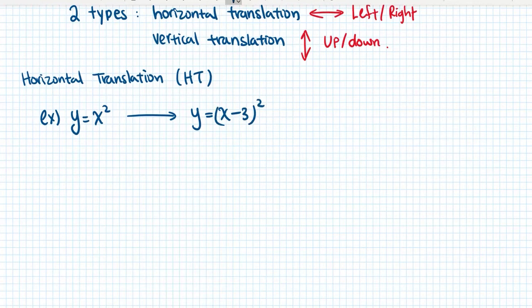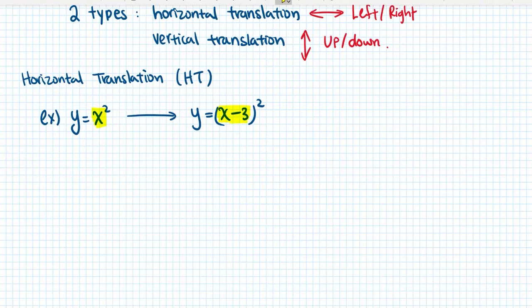So here we start with x squared. I'm just going to highlight the variable x, and we're going to see what happens to that variable x. It is changed to x minus 3. So as you can see, the variable x is changed by subtracting the constant, which is 3 in this case.